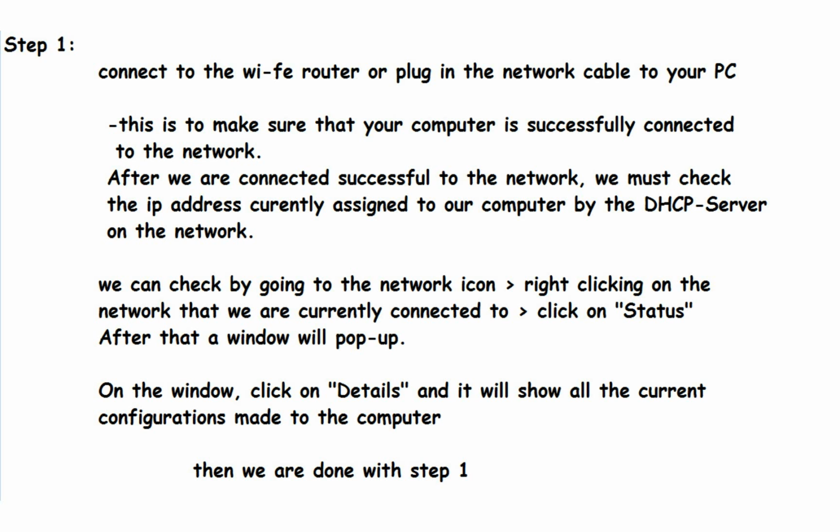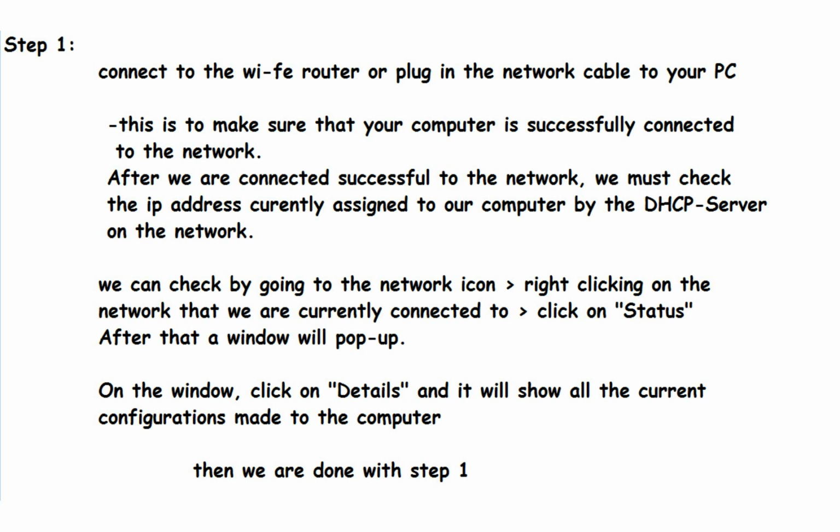So it may happen sometimes that when the DHCP assigns the IP address, maybe the IP address is already taken by another computer which is configured manually, or there are some errors which may be happening.